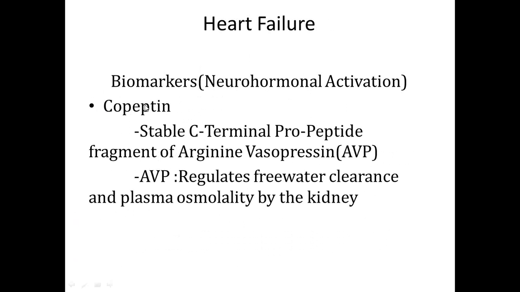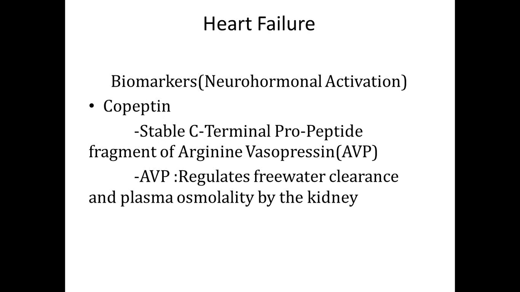There's also another neurohormonal, if you want to call it protein, that is produced, which is what we call copeptin. So this is the stable C-terminal propeptide fragment of arginine vasopressin. So again, you have a C-terminal and you have an N-terminal.